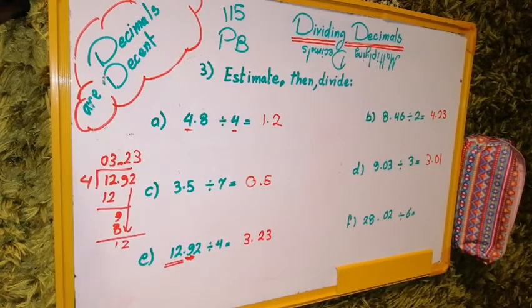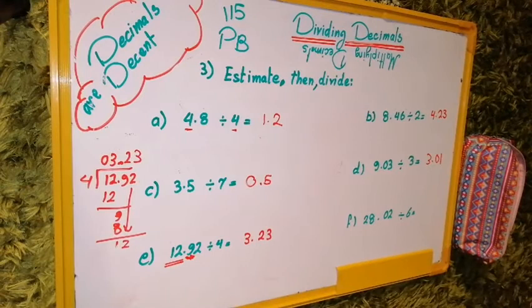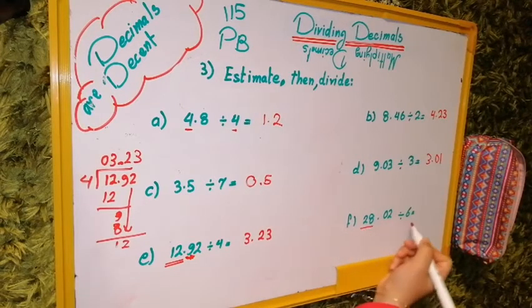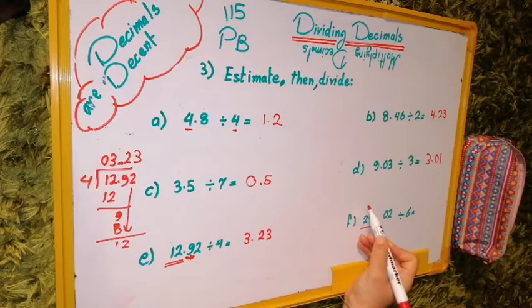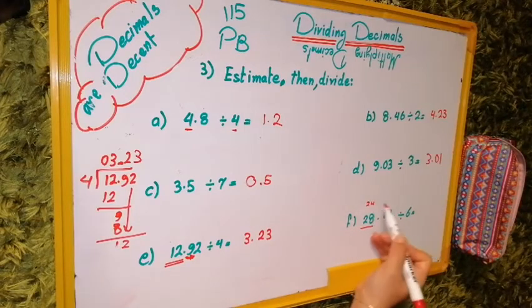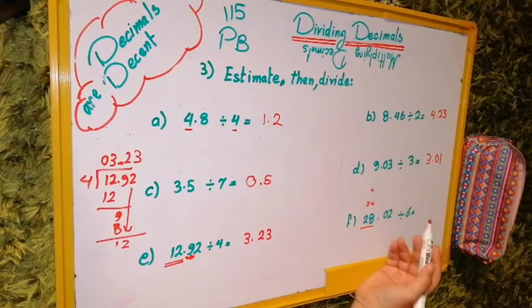Now let's see F here. 28 divided by 6. Now let's see for the estimation what to do. As we said before, for estimation I'm trying to find the closest number that I can divide using it. So here 28 and 6. The nearest thing here I have 24 divided by 6 will give me 4, right?